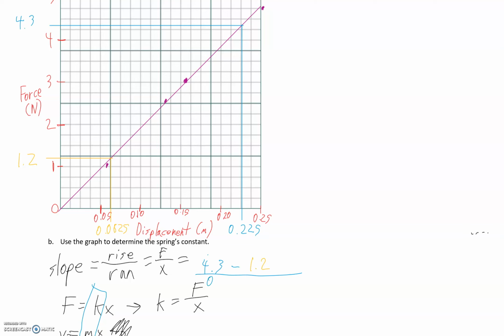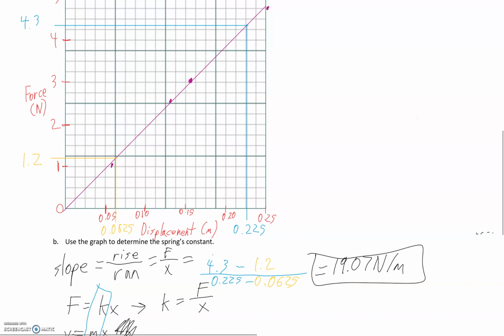So this is 0.225 minus, and this is actually 0.0625. And so what we get is 19.07. And this is newtons per meter as our K value, as our spring constant.